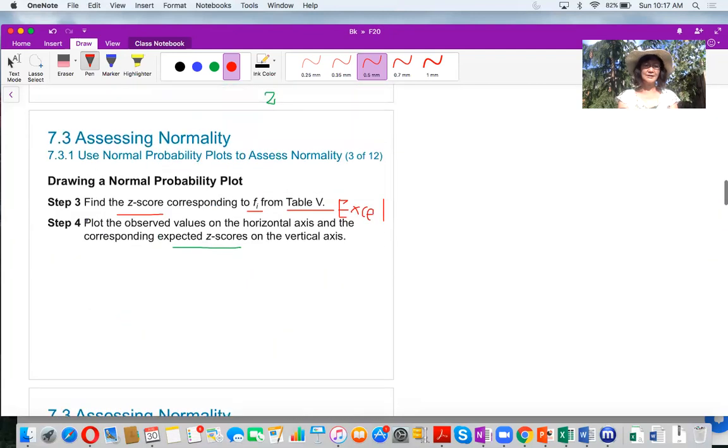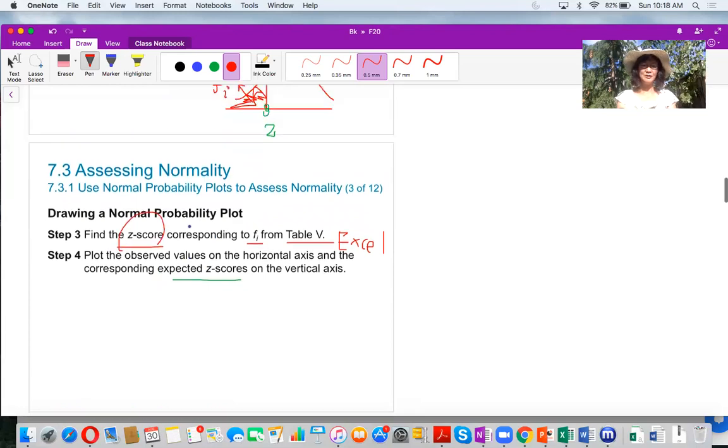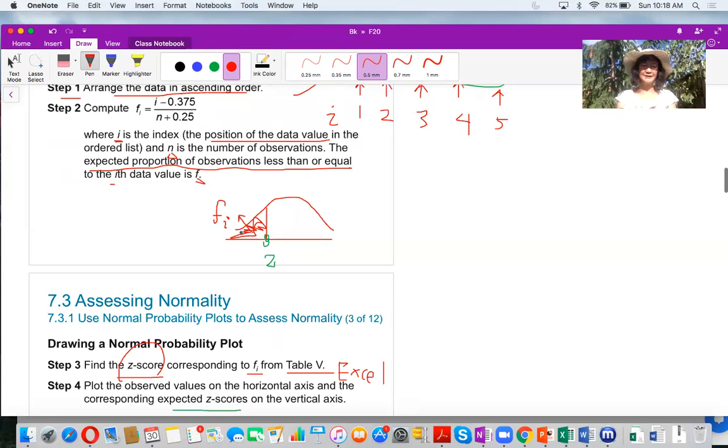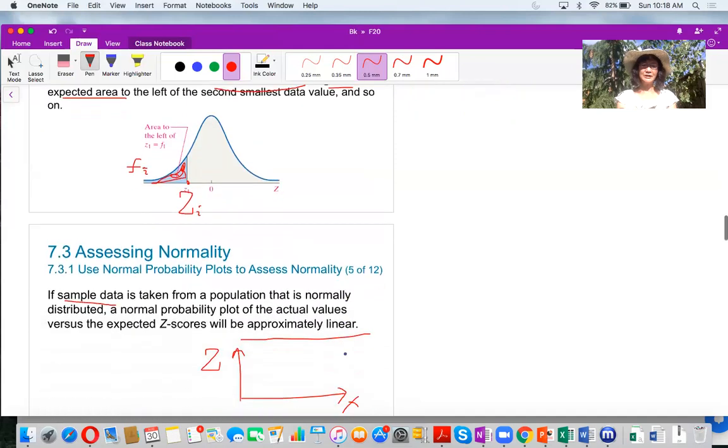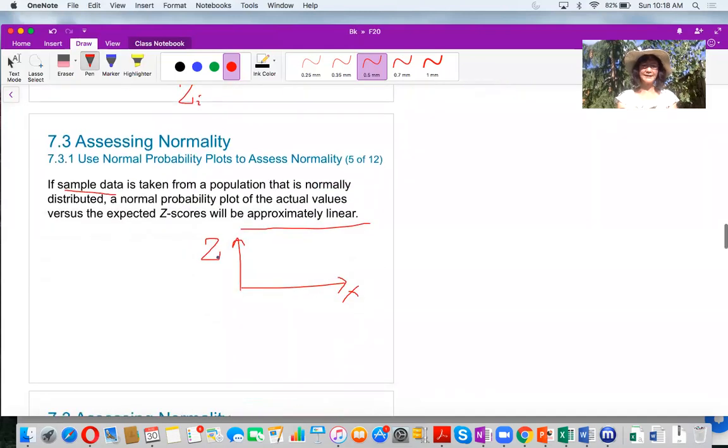Step 3, you get this Z-score. How do you find it? Based on step 2, based on this area, you get the Z-score. Once you got the Z-score, put it on the Y-axis. And the result should be approximately linear.